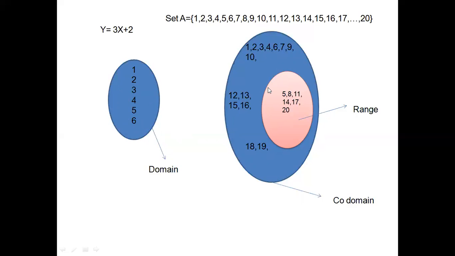In simple terms, the range is the exact output, the codomain is the expected output, and the domain is what can go into a function.